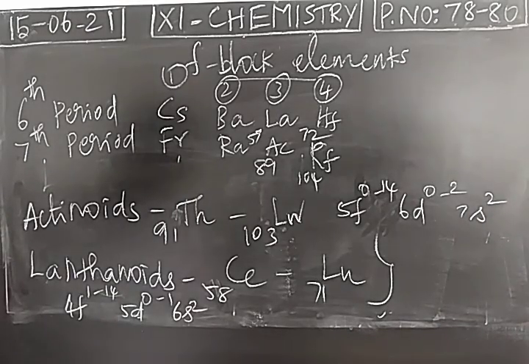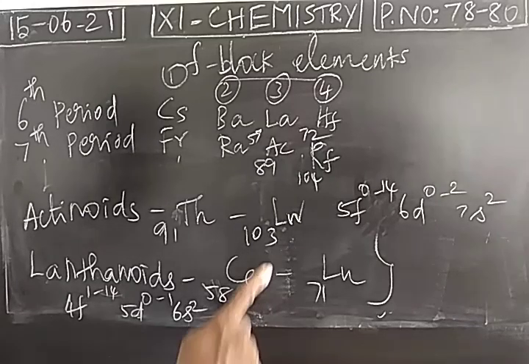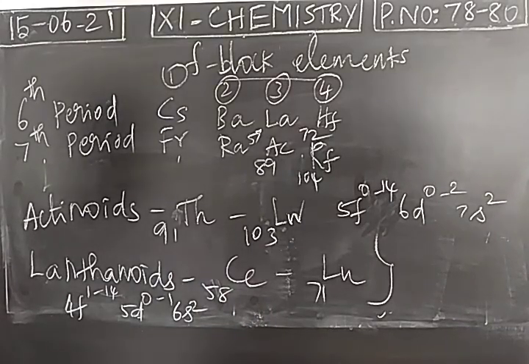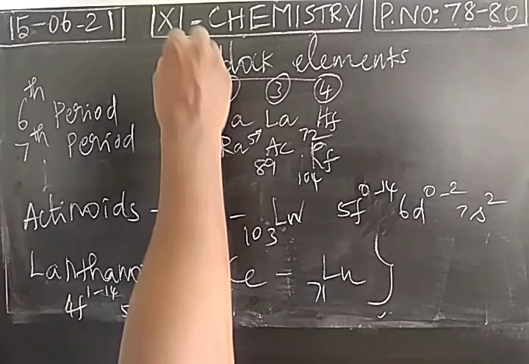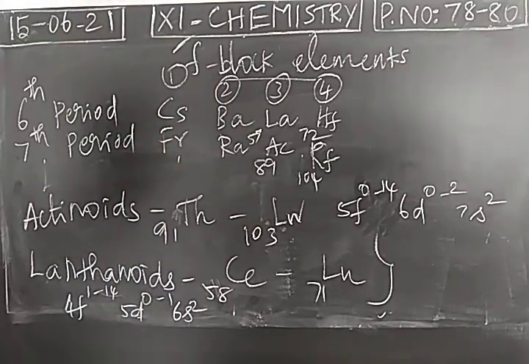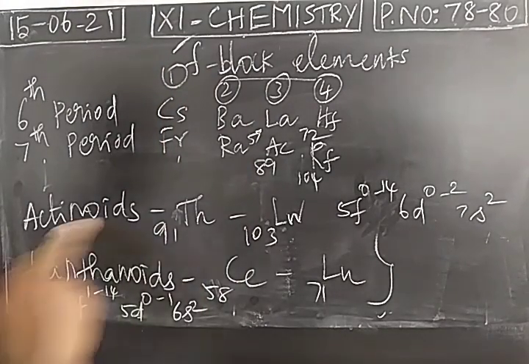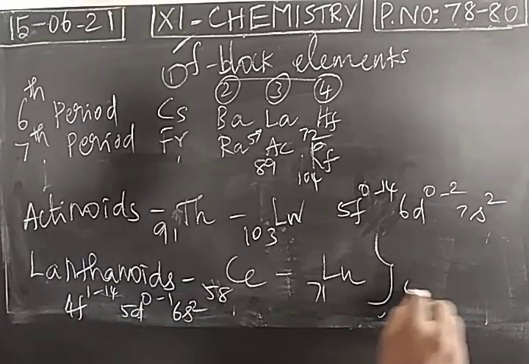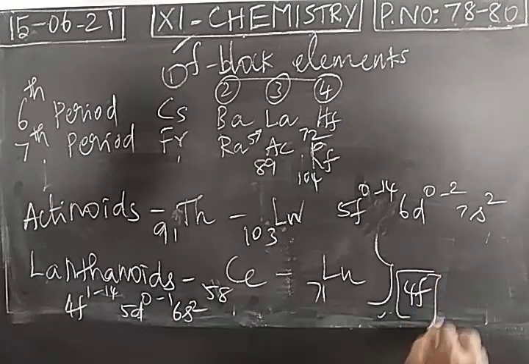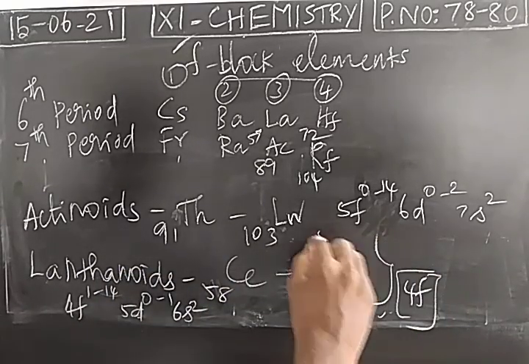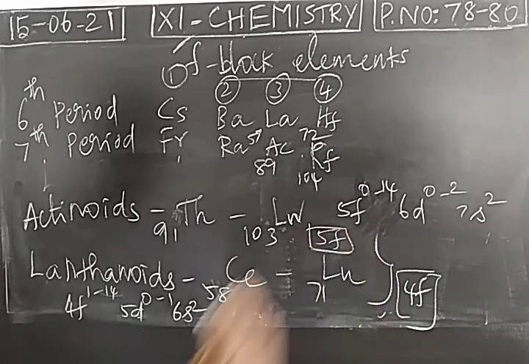So this is the general electronic configuration of actinides. These 28 elements, 14 lanthanides and 14 actinides, are collectively known as F block elements or inner transition elements. We can say this is the 4f series. Actinides are called the 5f series due to the 5f orbital.